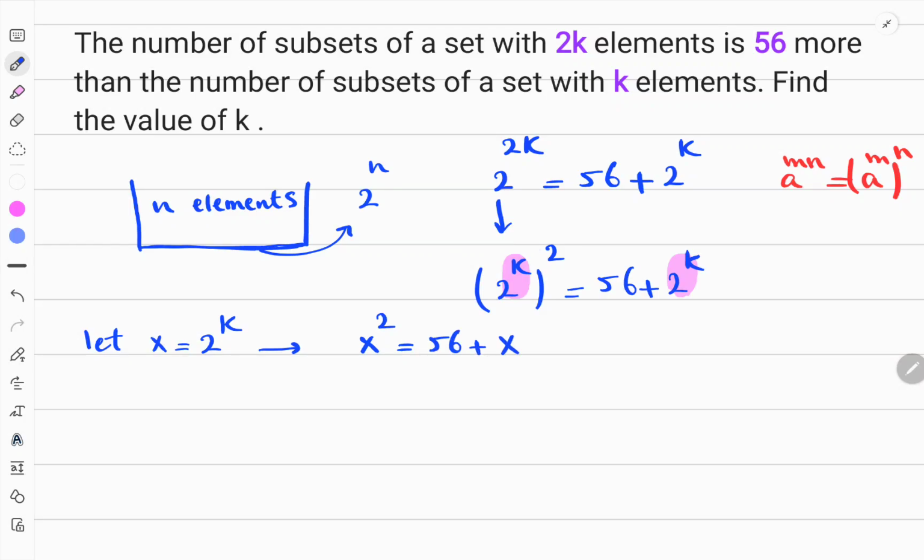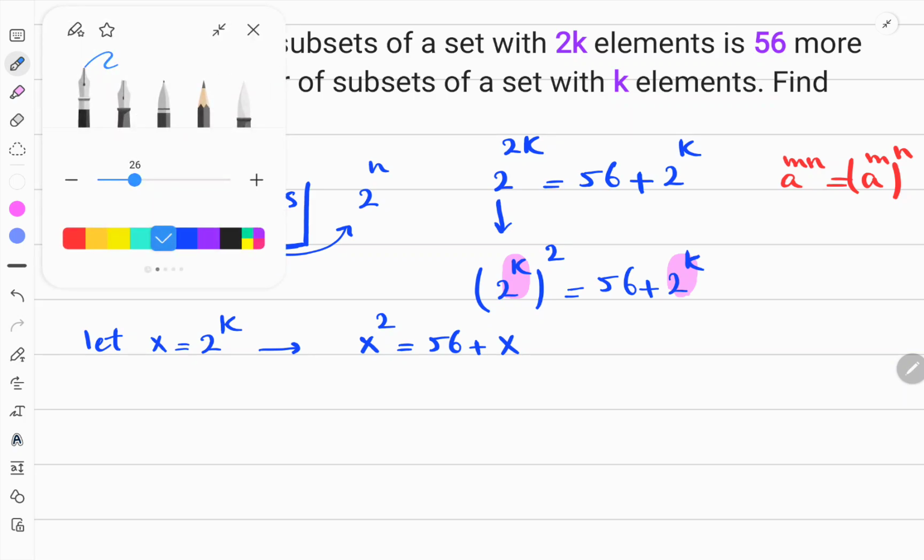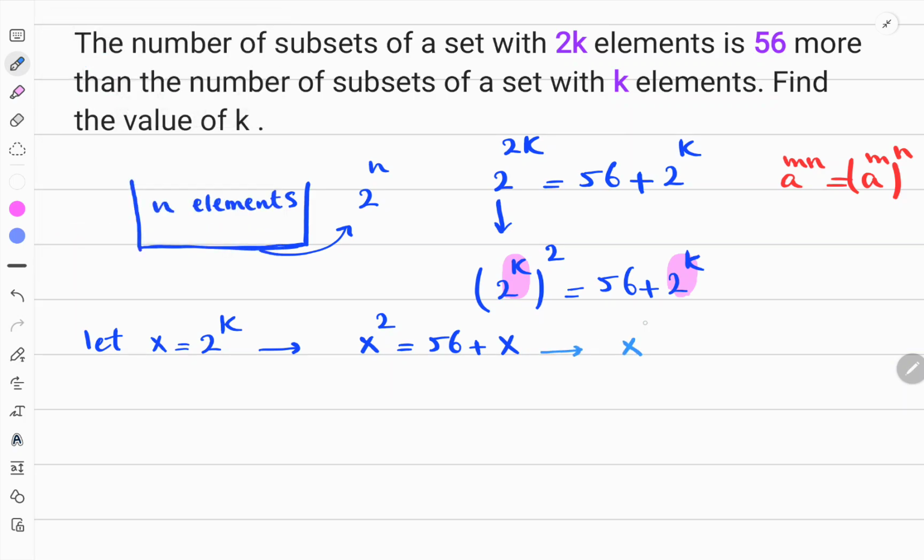And now we can rearrange this equation and write it in this form: x squared minus x minus 56 equals 0. And this is a quadratic equation.